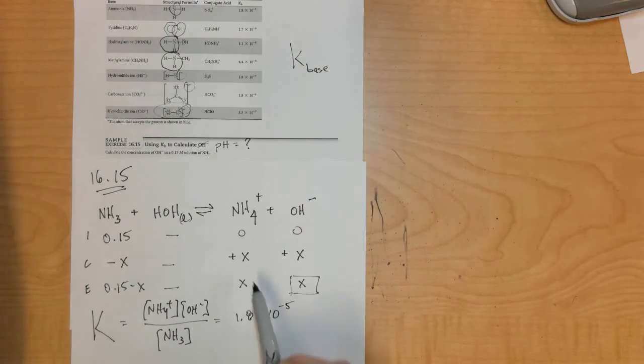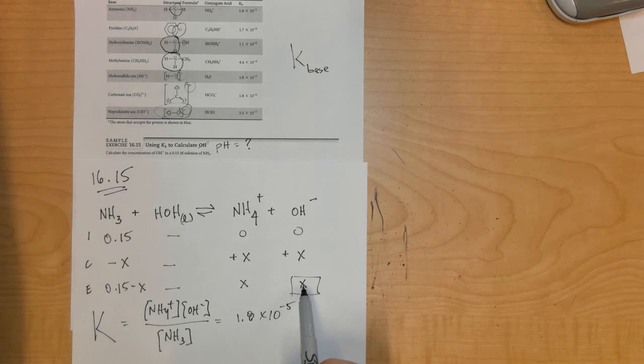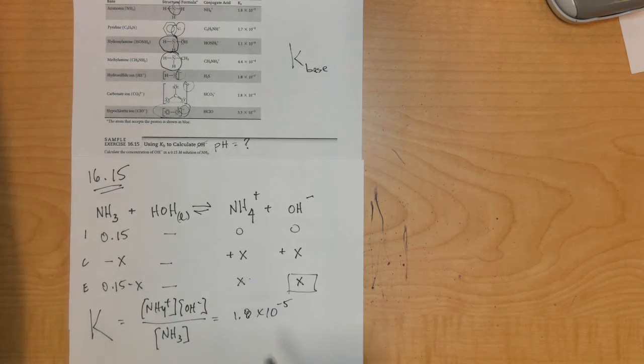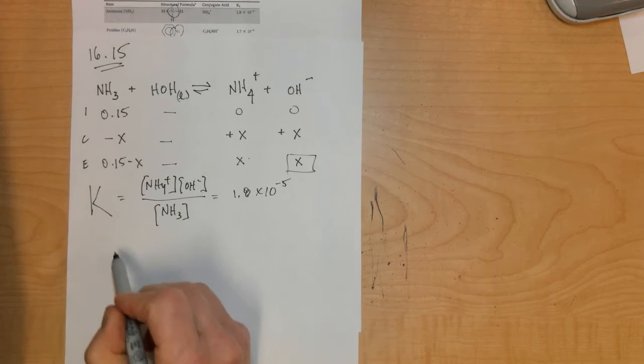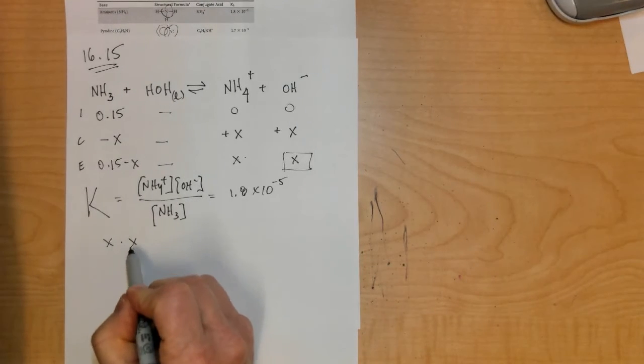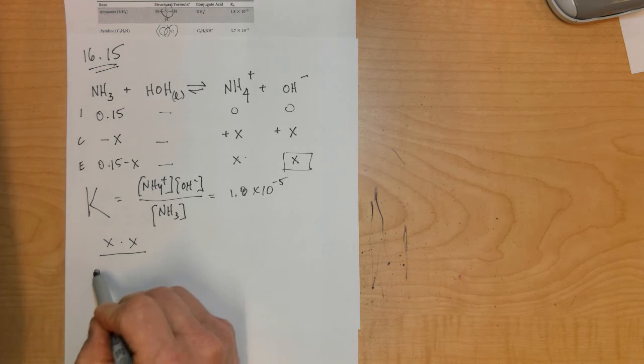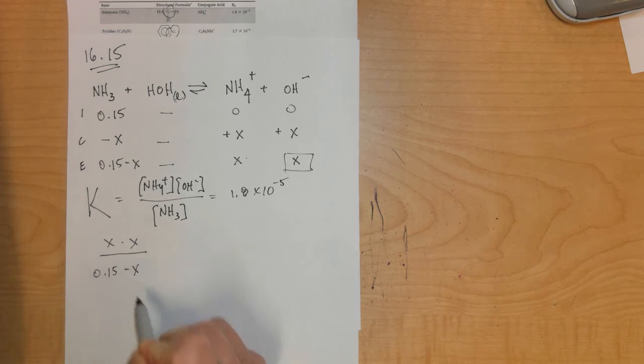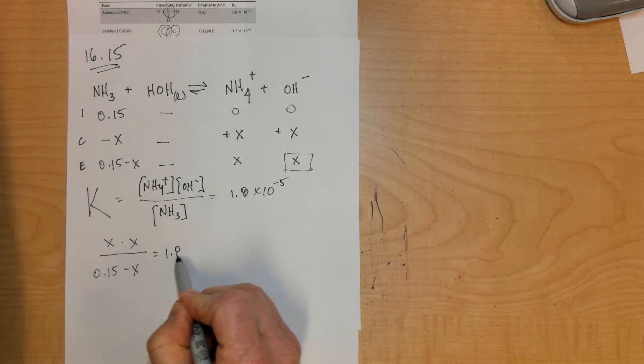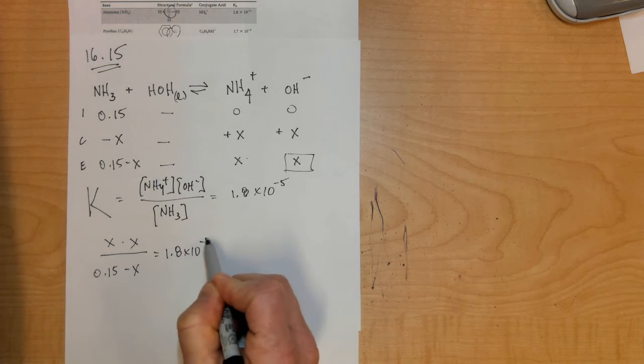Now I could take the values that I wrote in terms of x and plug those in. And this value goes down here. And sliding this up, I would have x times x on the top divided by 0.15 minus x on the bottom, and that equals 1.8 times 10 to the negative fifth.